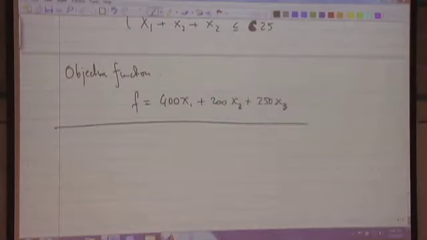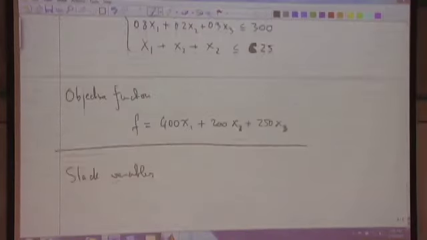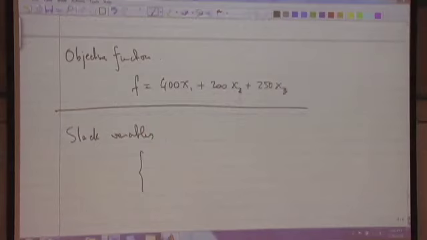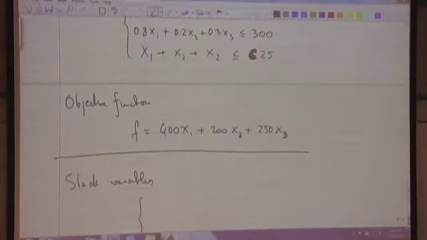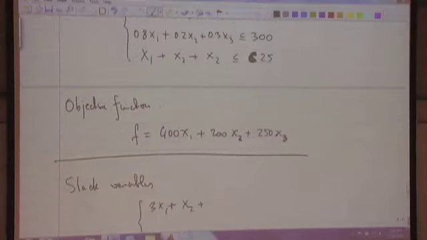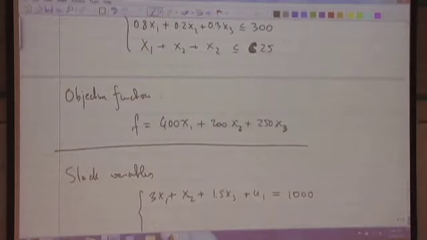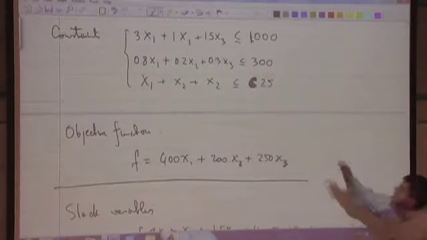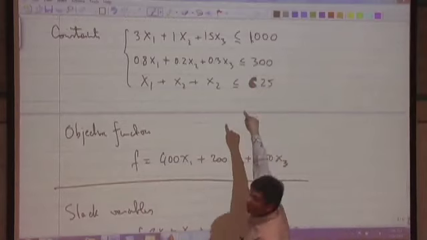So the slack variables, and I use u rather than x, work as follows. If I look at the constraints, I say 3x1 plus x2 plus 1.5x3 plus u1 equals 1,000. So I take the difference between the two and insert it there.